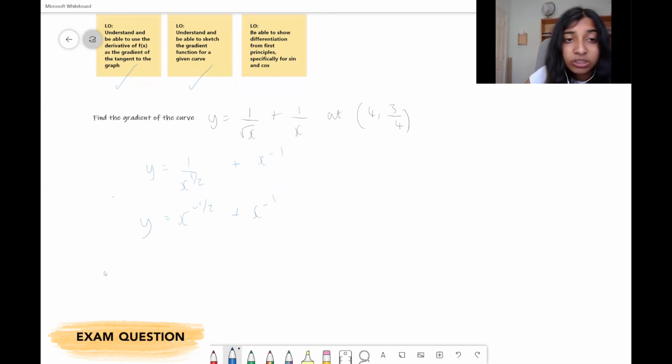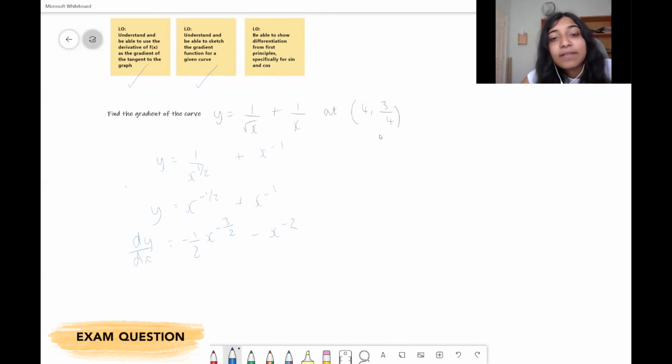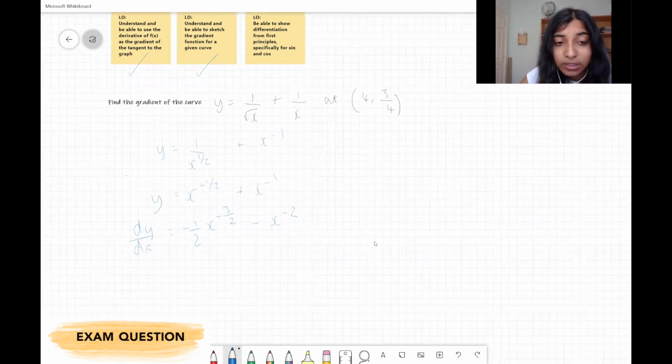And now we just want to find dy over dx. We differentiate each term individually. So we would get minus a half x to the power of minus 3 over 2, minus x, and if we subtract 1 from this power, minus x to the power of minus 2. Now, because we want to find the gradient of the curve at this point, all we do is plug in our x value, which is 4, into our dy over dx.